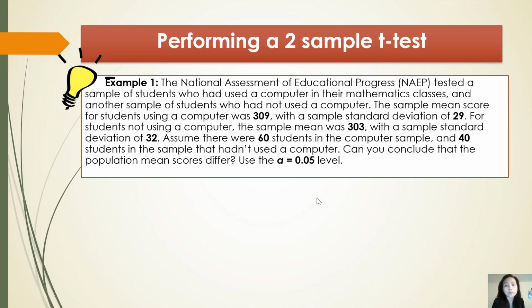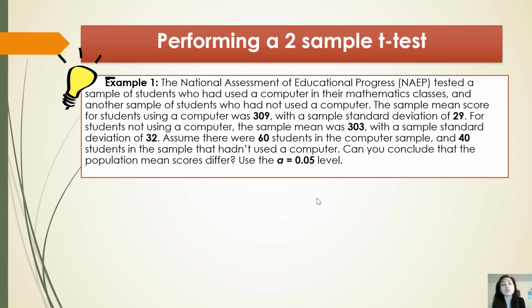Example 1. The National Assessment of Educational Progress (NAEP) tested a sample of students who had used a computer in their mathematics classes and another sample of students who had not used a computer. The sample mean score for students using a computer was 309, with a sample standard deviation of 29.